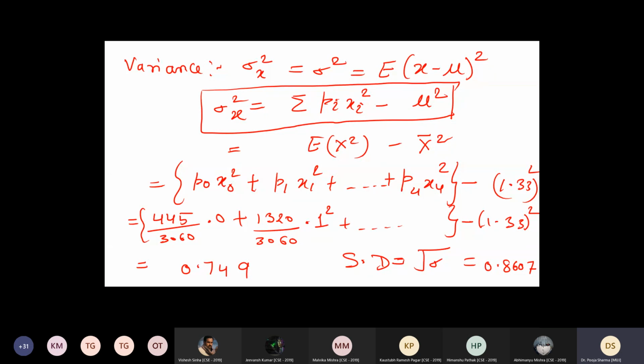But in general we find the deviation from the mean. That's why we took x minus mu. If you want the deviation from any other point, you can put that. Here the range of x was 0, 1, 2, 3, 4, and I took mu, which was the mean. Instead, I can put x equals 2 also, then I can find the deviation from x equals 2.